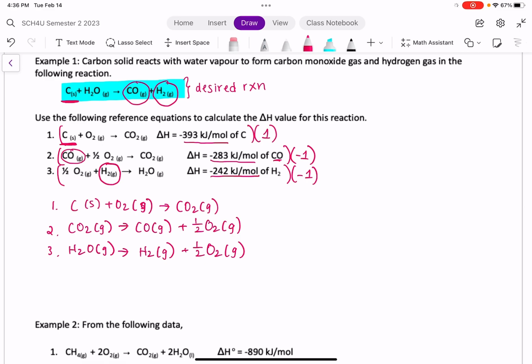Okay. Now we take a look at all of my equations. Whenever you see something on both sides of the reaction and it's the same substance, we can cancel it out.